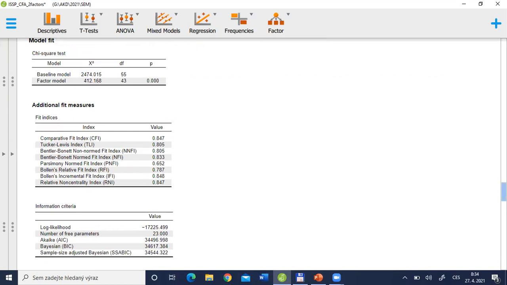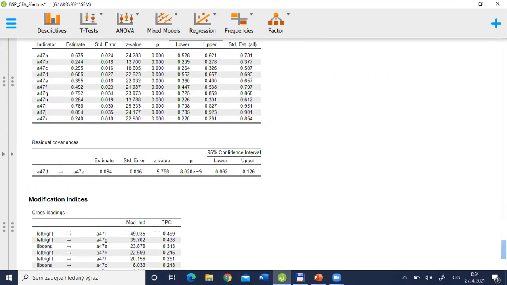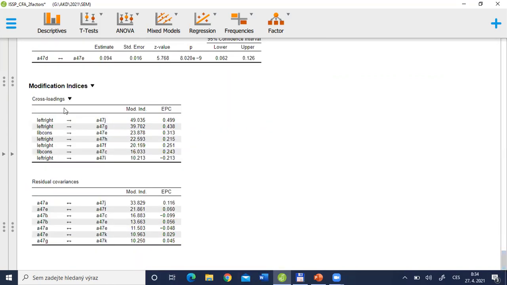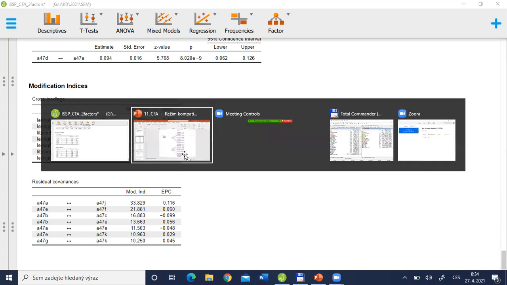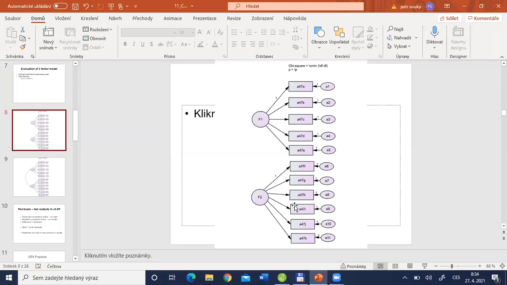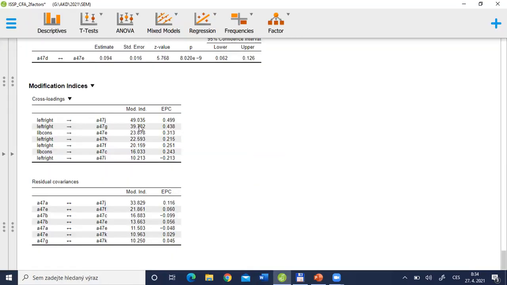And if I go down to these last two tables of modification indices, I can see that the biggest improvement would be to link left-right scale with A47J. So it means it would be factor 1 with A47J. So this cross-loading, if it would be added, it would decrease chi-square value by approximately 50 points.